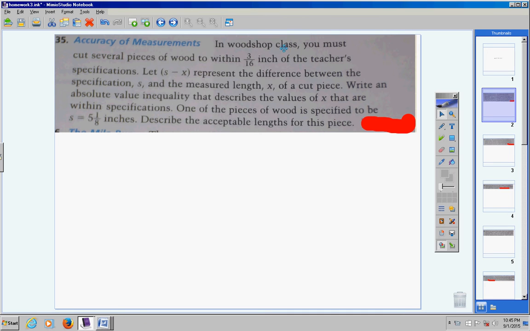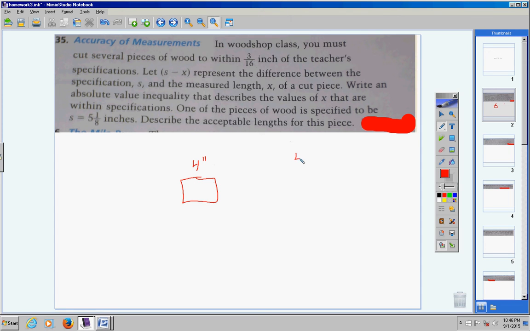In a woodshop class, you must cut pieces of wood. When you cut the piece of wood, the teacher wants you to have it to within 3/16 of an inch of the teacher's specification. For example, if he asked you to cut a piece of wood that was 4 inches across, that means you can be off by 3/16 of an inch.